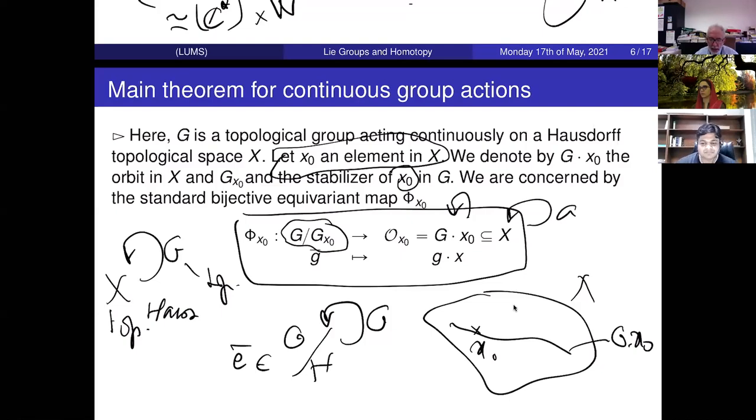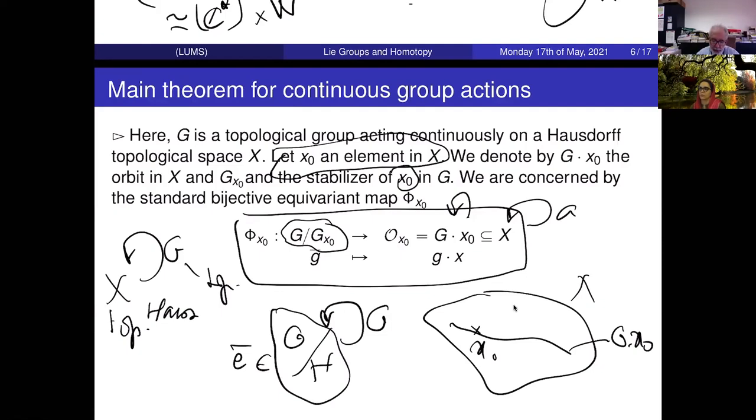You don't need it to be transitive on X; I'm just looking at the action over the orbit, and over the orbit it is transitive. The action on the homogeneous space is transitive.